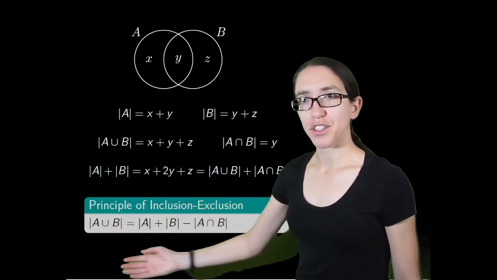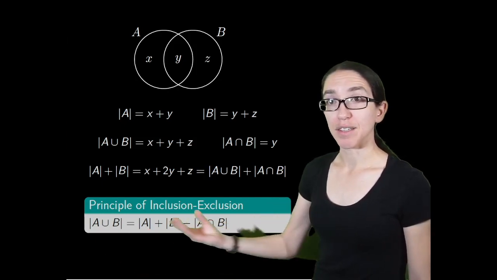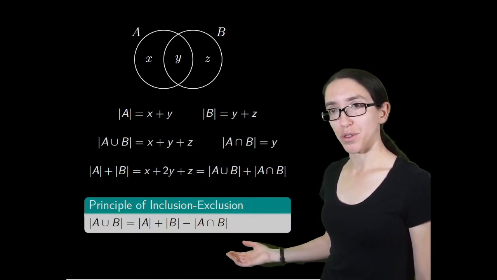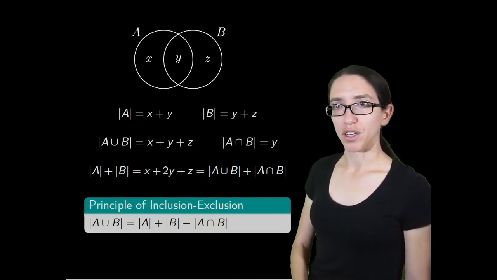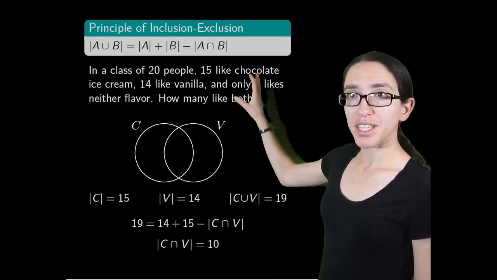This equation allows us to solve for any one of these set sizes if you know the three others. And so if the problem gives you the three others, you can just plug them in and solve for the fourth. So let's redo this problem using this principle.